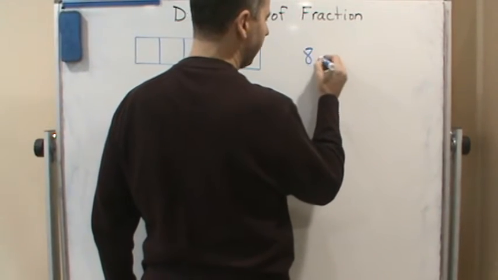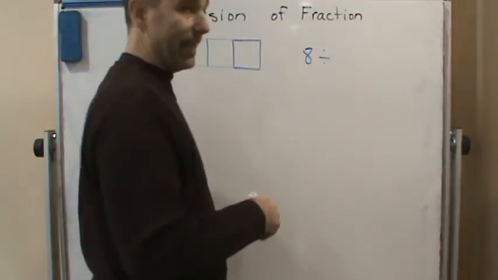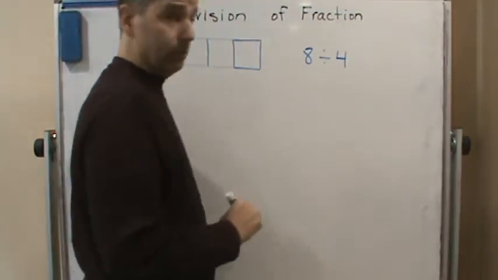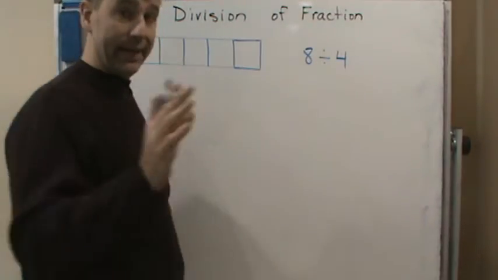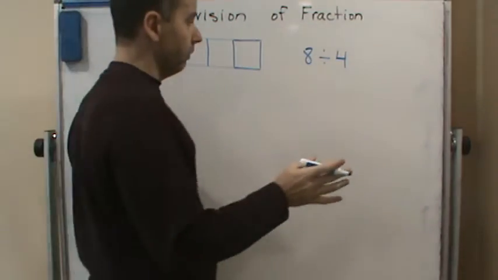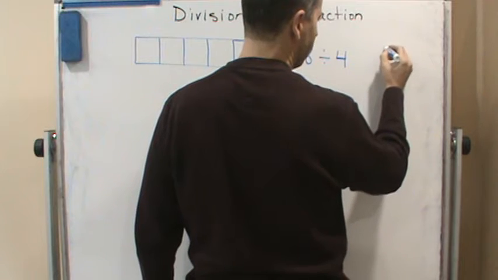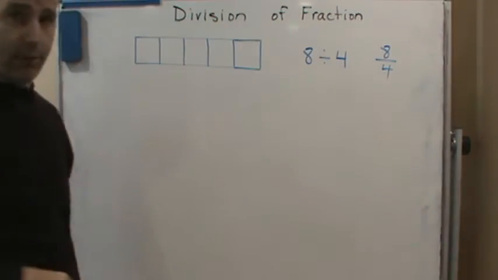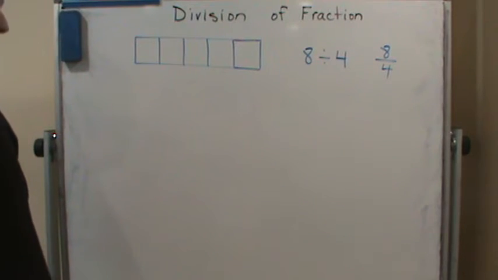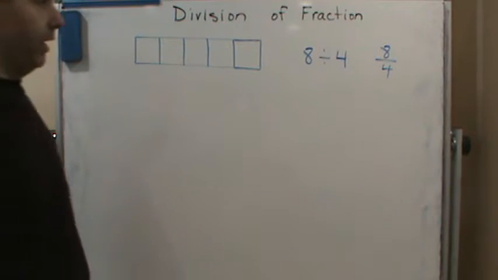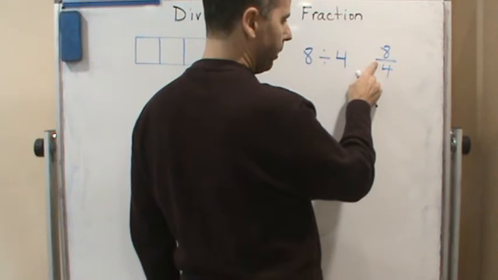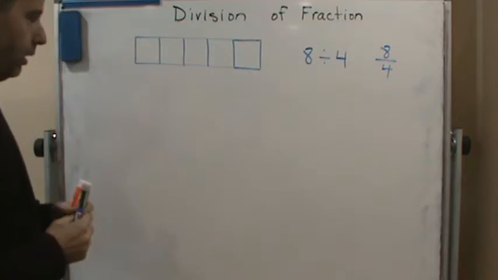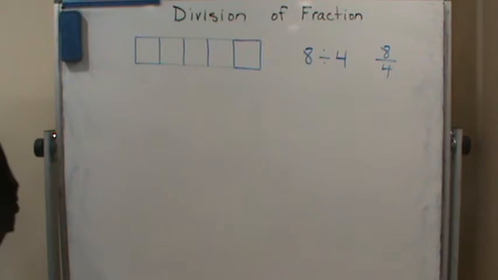If we say 8 divided by 4, we can write it this way, or we can write it as a fraction, 8 over 4. Remember, if we write a fraction, it's the same as showing division, because the fraction bar represents division. I just wanted to go over that.